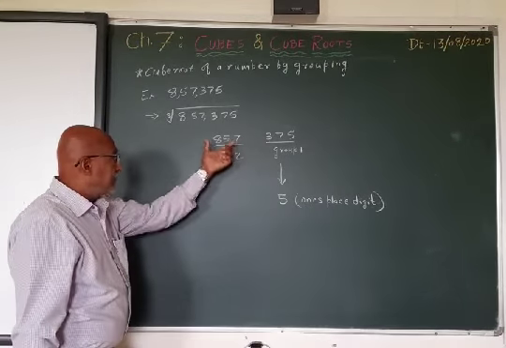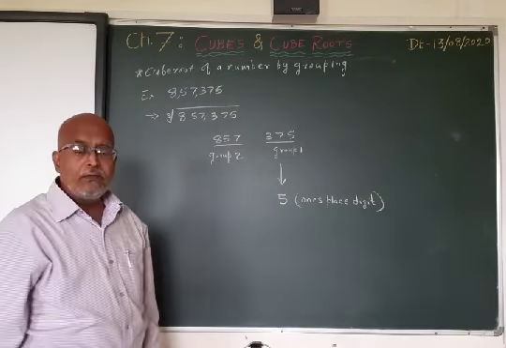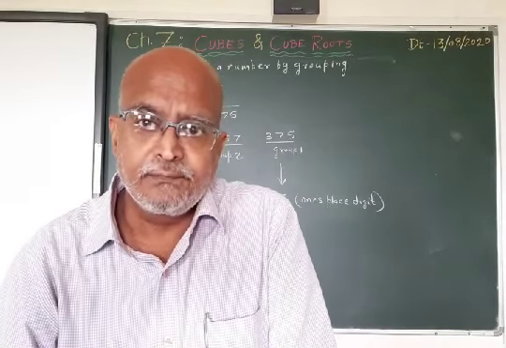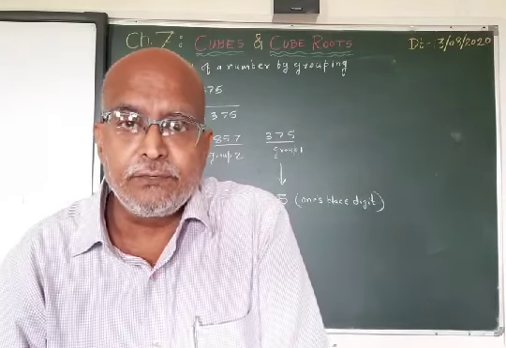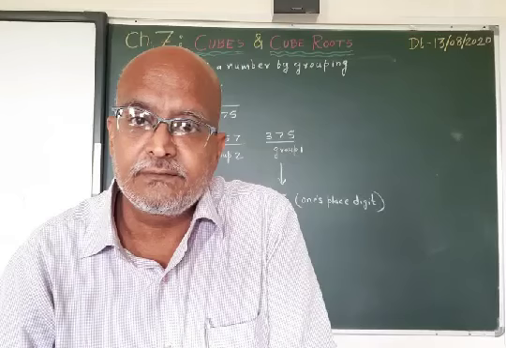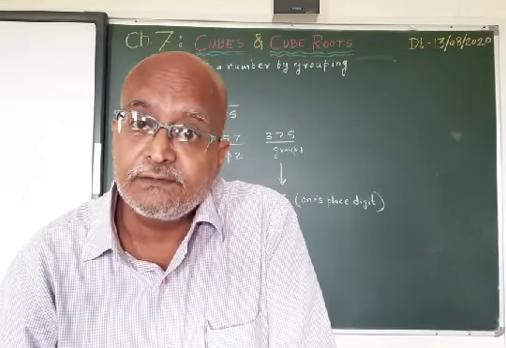And from the second group, now this second group is 857. Now in which number's cube do we get 7 at the units place?